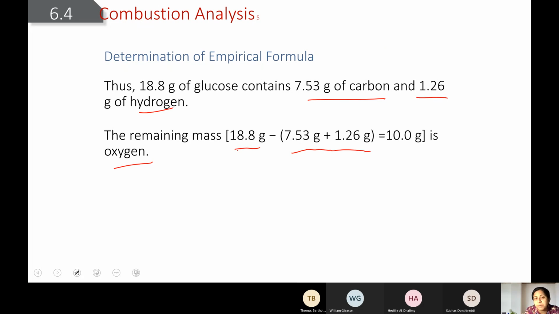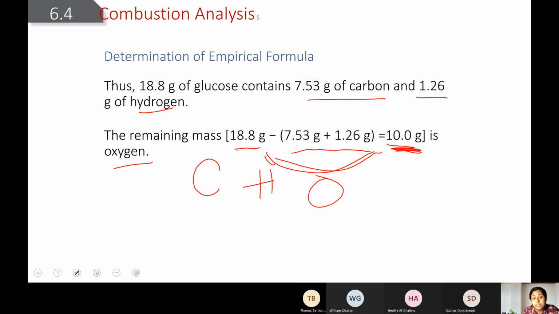That is the sample they started the experiment with. The remaining mass, the difference, will be the mass of the oxygen. Now we have the mass of carbon, the mass of hydrogen, and the mass of oxygen.